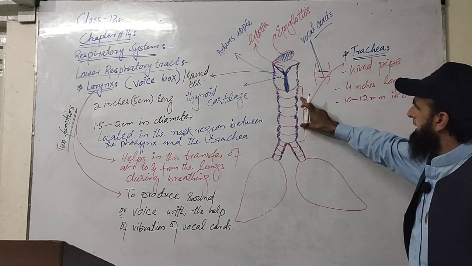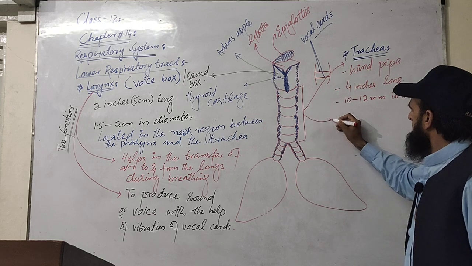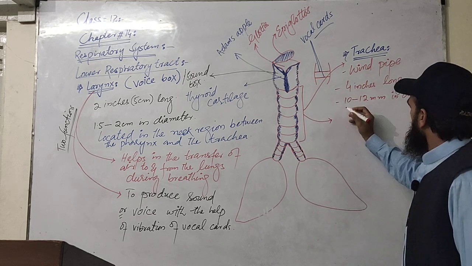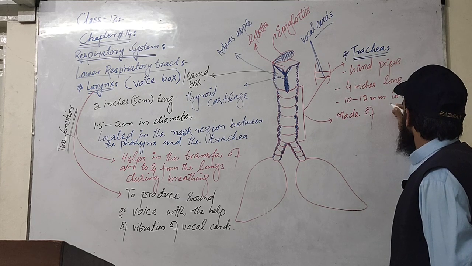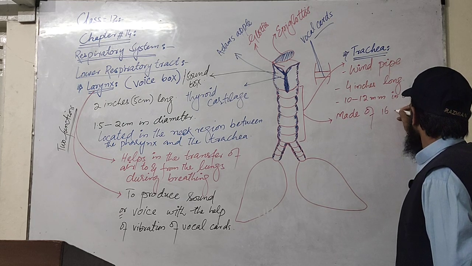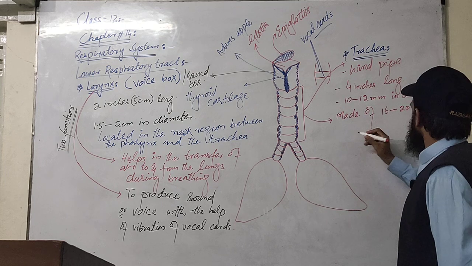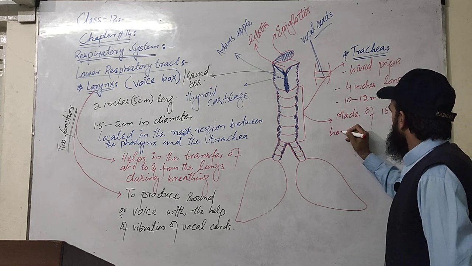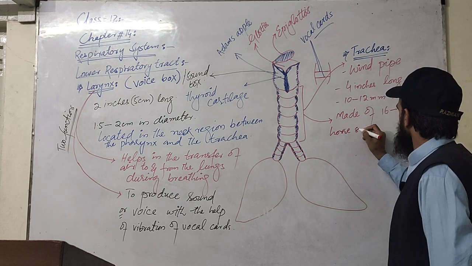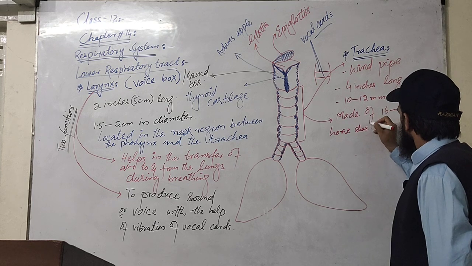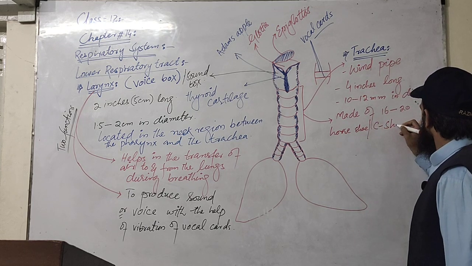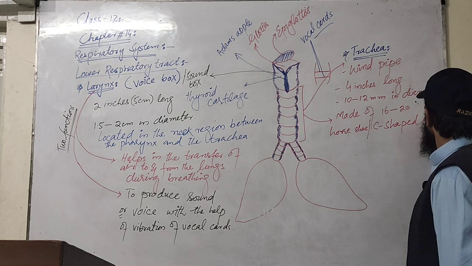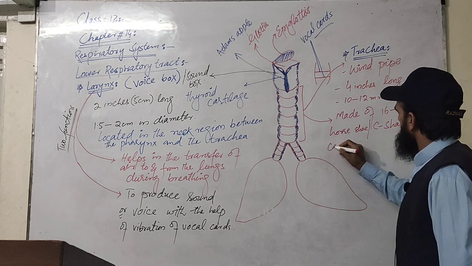The whole trachea is made of 16 to 20 horseshoe-shaped or C-shaped cartilaginous rings.